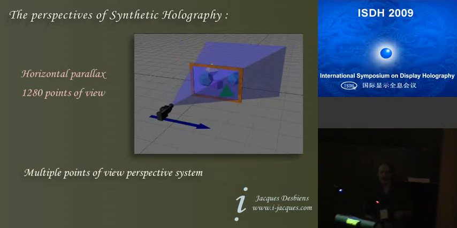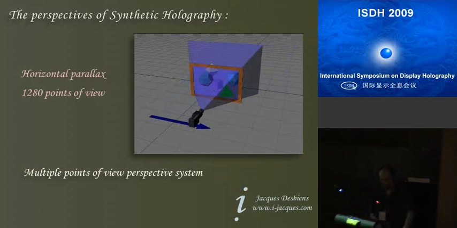Anyway, I consider myself a perspectivist because way before I was working with holography, I was drawing perspective pictures. I was drawing stereoscopic pictures by hand, curvilinear perspective, spherical perspective, all kinds of aberrations and distortions.